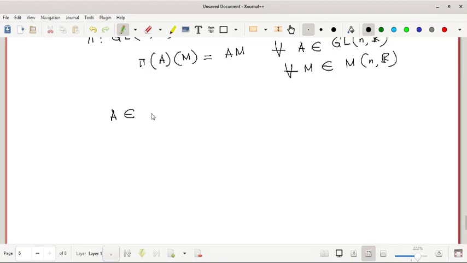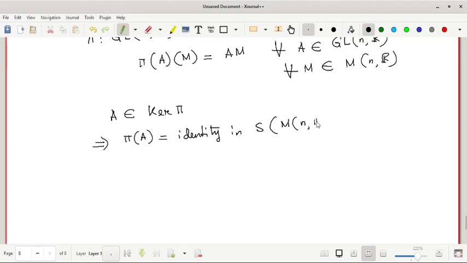If A belongs to the kernel of pi, then pi of A is the identity element in the permutation group S of MnR, the group of all bijections from MnR to MnR.